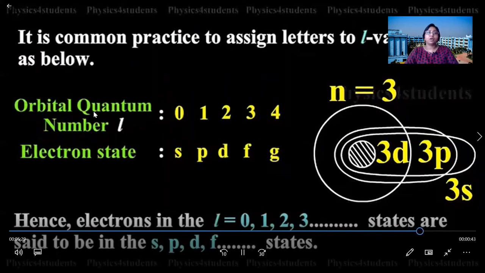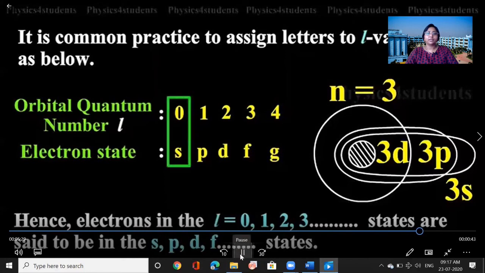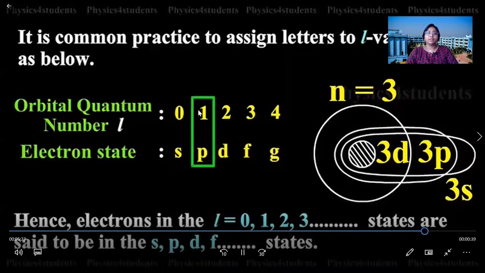If the orbital quantum number L is 0, we get the electron state s. If it is 1, we get the electron state p. If orbital quantum number L is 2, electron state is d.